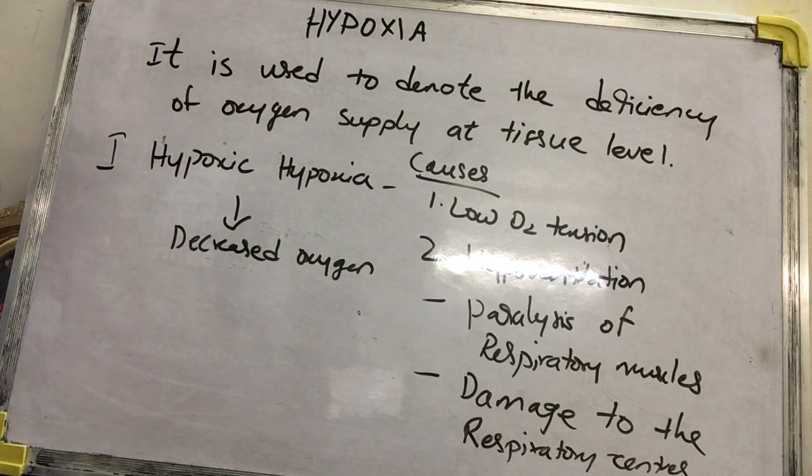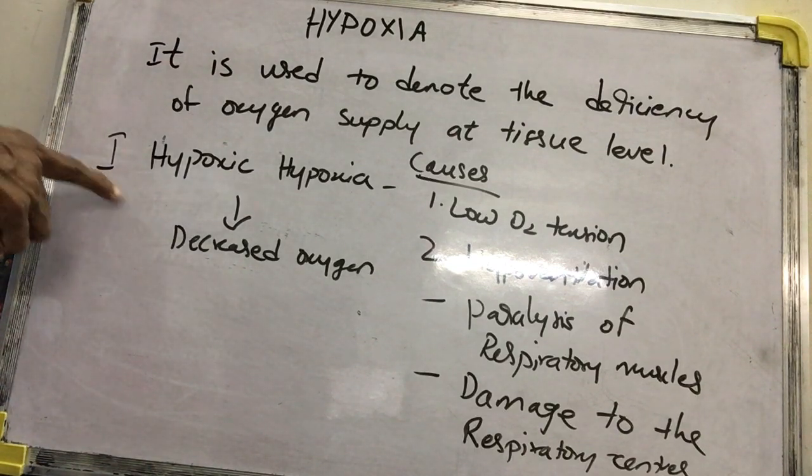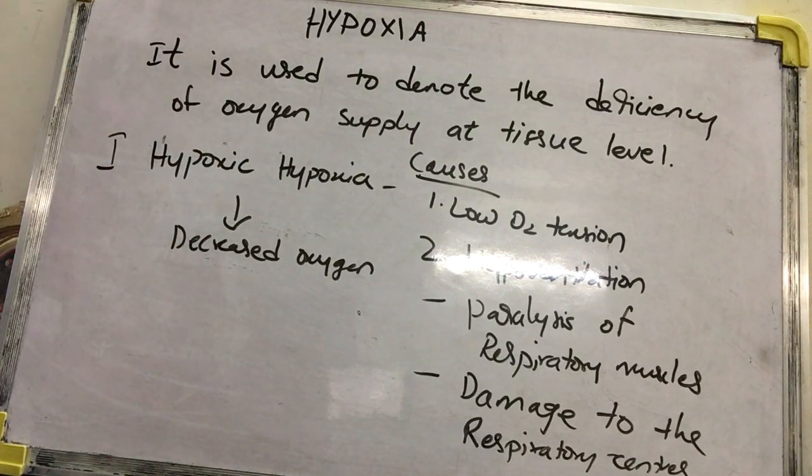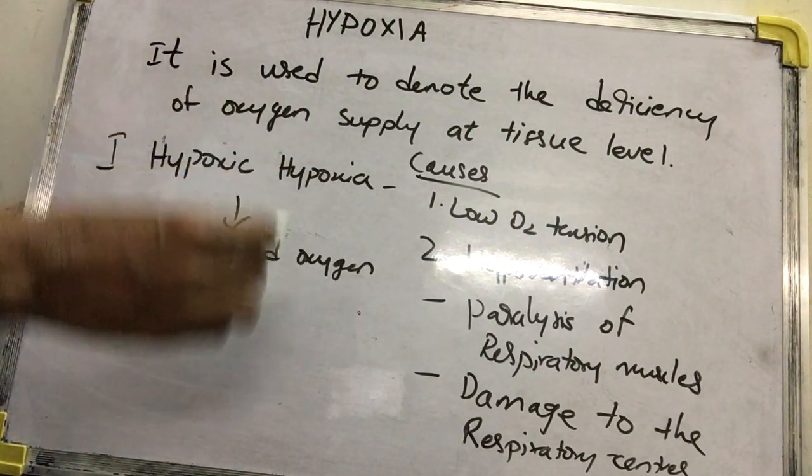Please take down these points. In hypoxic hypoxia there are decreased oxygen levels. The causes can be low oxygen tension and hypoventilation.